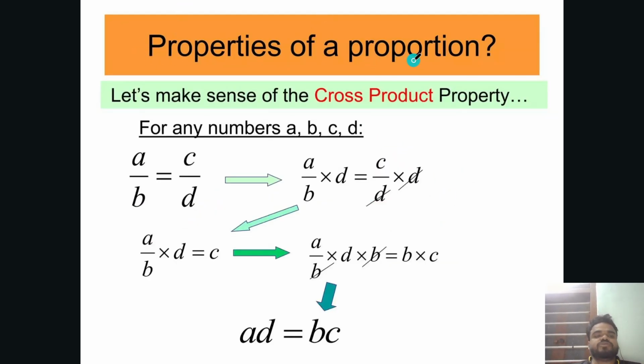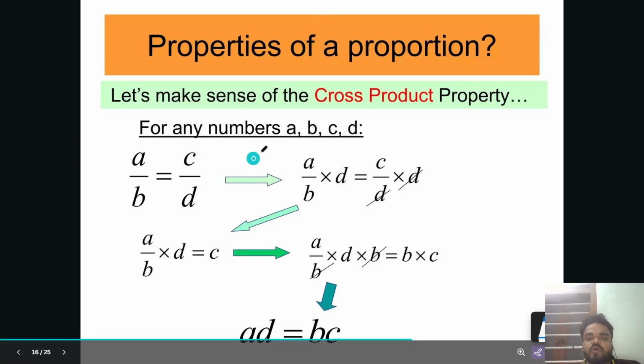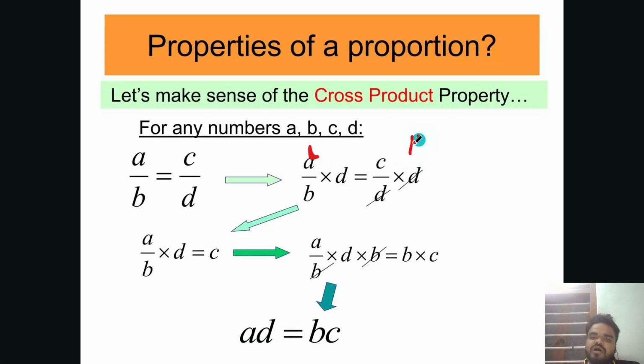Properties of proportion. Let's make sense of the cross product property. Let's verify first the property. Assume a by b is equal to c by d. It is in proportion. Multiply d on both the LHS and RHS side. That means the right hand side and left hand side. If you multiply, the d will get cancelled. Then what will remain? a by b into d by c.